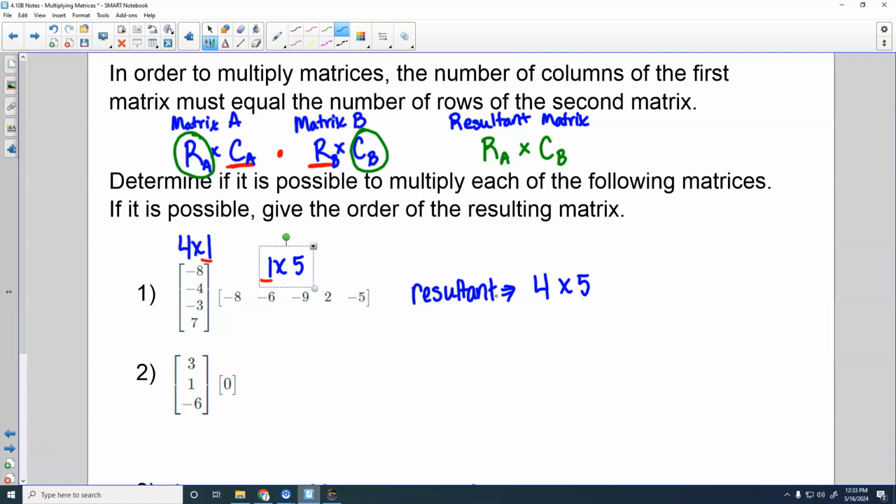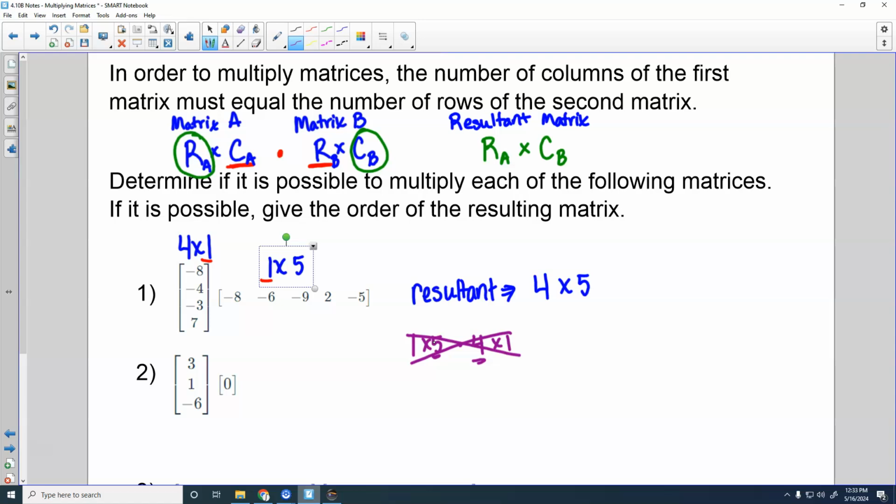But is matrix multiplication going to be commutative? Because if I switch this, if I try to do a 1 by 5 times a 4 by 1, can I multiply those two together? I cannot. Middles do not match. So matrix multiplication is not commutative.